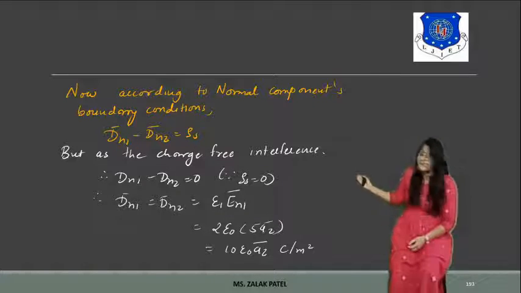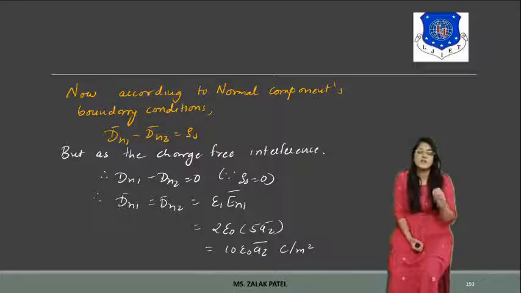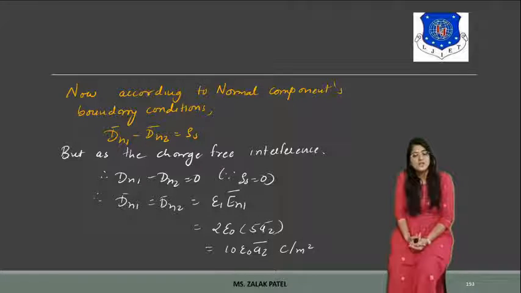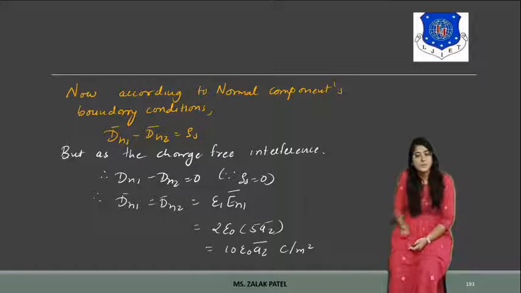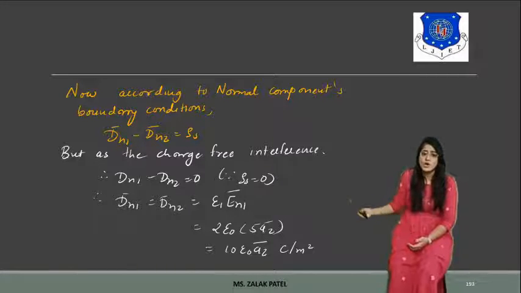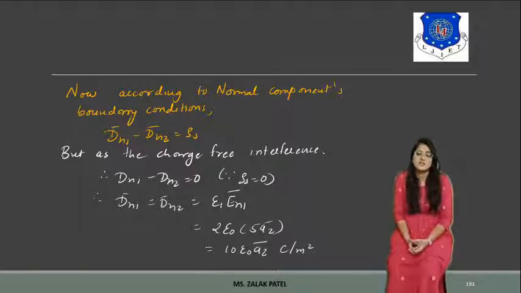Dn1 is epsilon 1 into En1, where epsilon 1 is the multiplication of epsilon r1 and epsilon 0, the relative permittivity into the free space permittivity. En1 is 5az. So the final value for Dn1 equal to Dn2 is 10 epsilon 0 az bar coulomb per meter square.